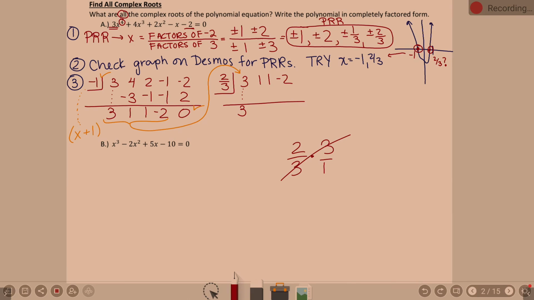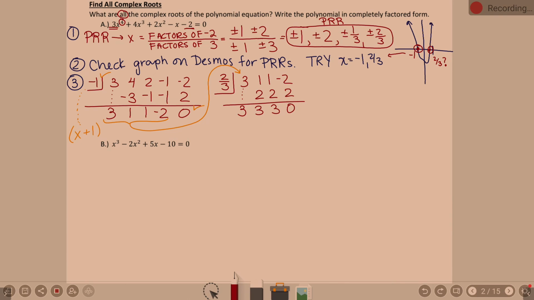Some of your brains say 6 over 3, but 6 over 3 is 2. 1 plus 2 is 3. 2/3 times 3 is 2 again. 1 plus 2 is 3. 2/3 times 3 is 2, feeling a little repetitive here. And negative 2 plus 2 is 0.